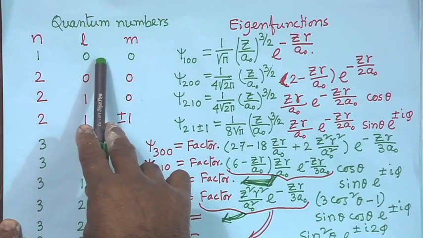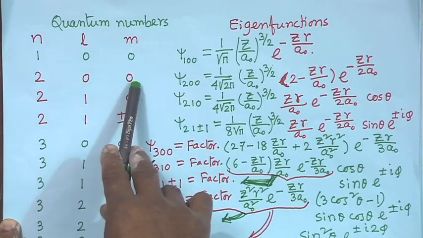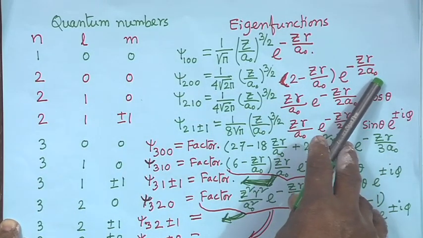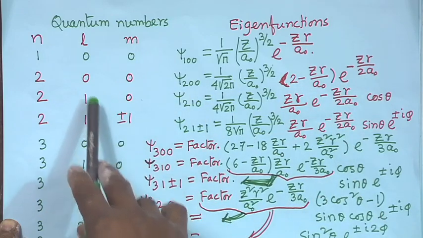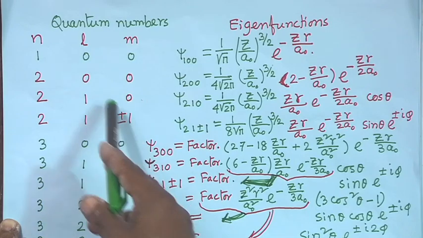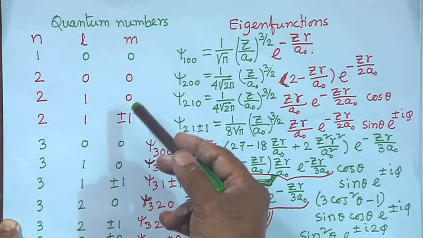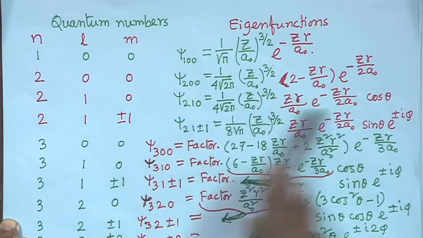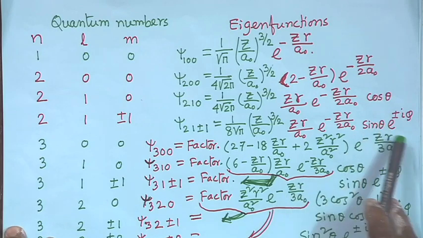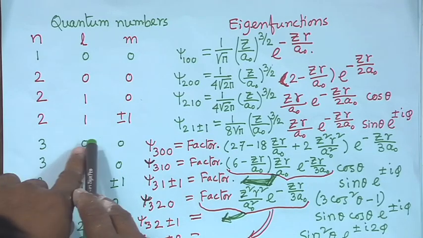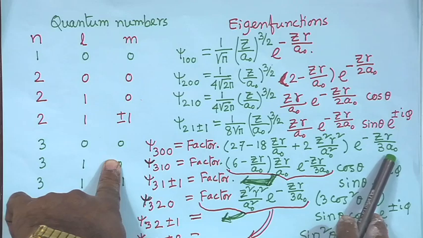So, in these cases there is no theta and phi term, but for l equal to 1, l is not equal to 0 and m is not equal to 0, so in that case the wave function depends on theta and phi. Okay. So, here also 3 0 0, this is also independent of theta and phi.